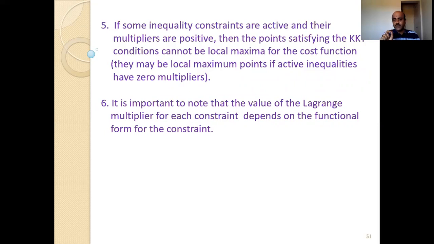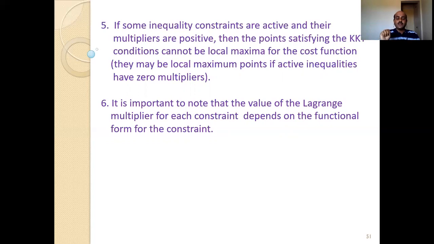This is very important. Please make a note of this. The inequality constraints which are active and have positive multipliers, the point which satisfies the KKT conditions cannot be a local maximum. And they may be local maximum points only when their active inequalities have 0 multipliers. If the multipliers for the active inequalities are 0, then only the points which satisfy the KKT conditions can be considered as a local maximum.